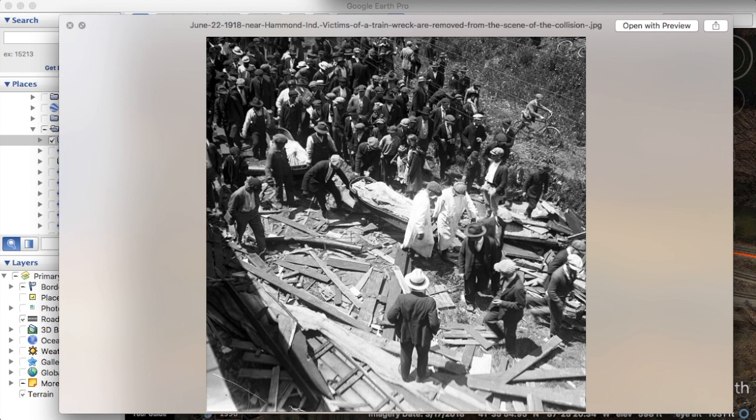Look at how small those pieces of wood are. Just look at that. That is unmanageable. Look at the crowd. This was a spectacle for them. Nothing like this had ever happened before in the area, so I'm pretty sure there were a lot of rubberneckers and oglers and people just curious to find out what's going on. You see children standing there right next to the bodies being taken out of the debris.